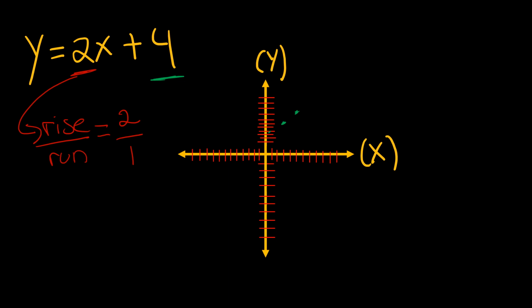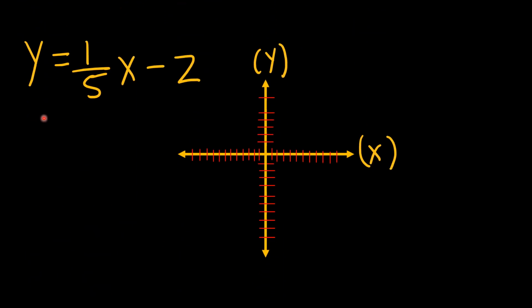Right, so if we play connect the dots, we'll have a line that goes like that. Well, it's not perfect, but you get the idea. So you would have a line that looks like so. Let's work another example.